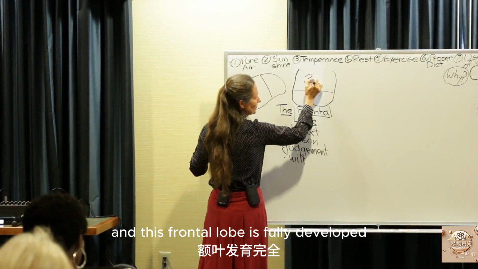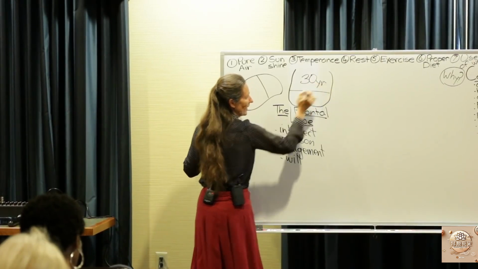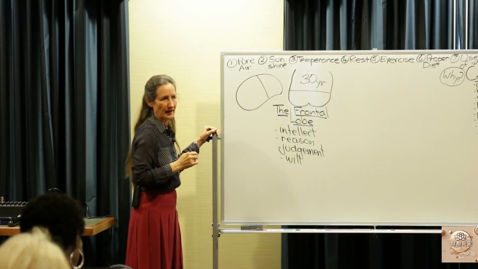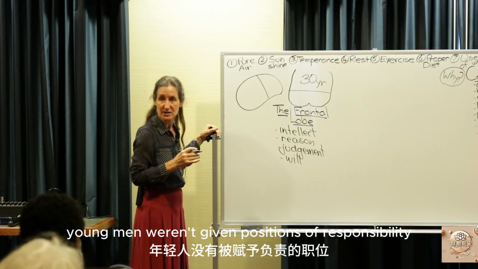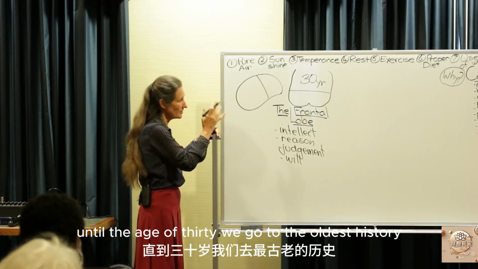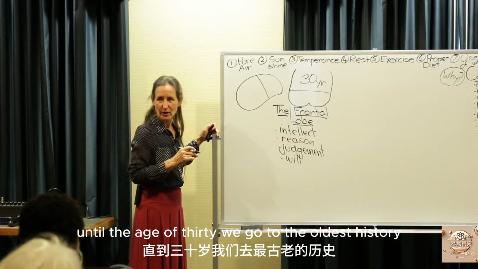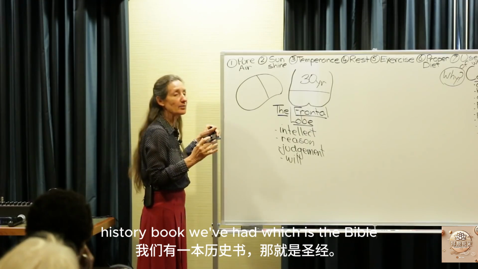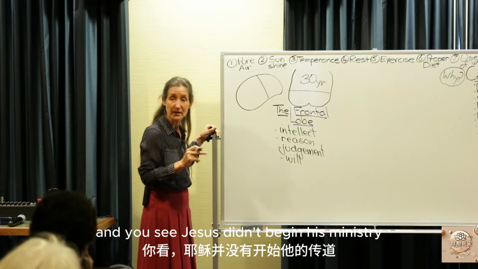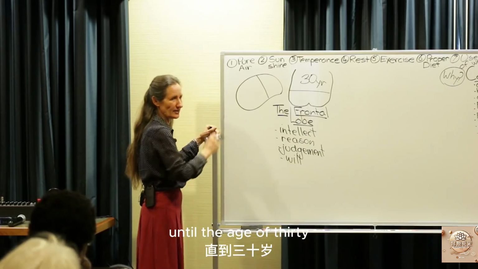And this frontal lobe is fully developed at the age of 30. And you will find in many cultures, young men weren't given positions of responsibility until the age of 30. We go to the oldest history book we've had, which is the Bible, and you'll see Jesus didn't begin his ministry until the age of 30.